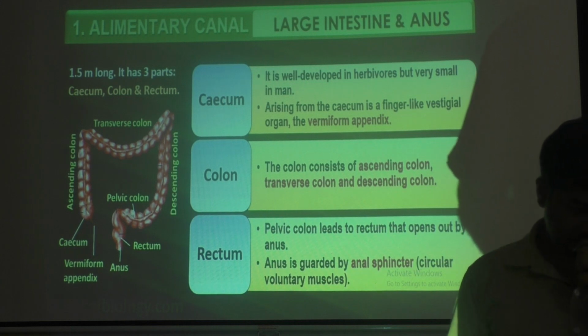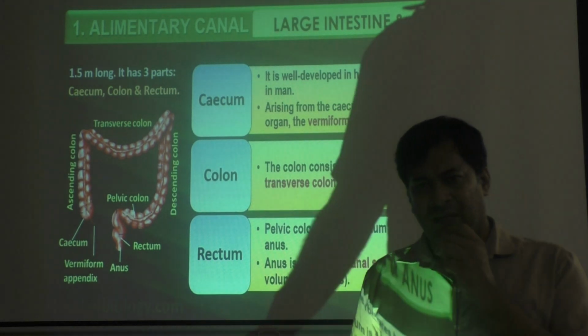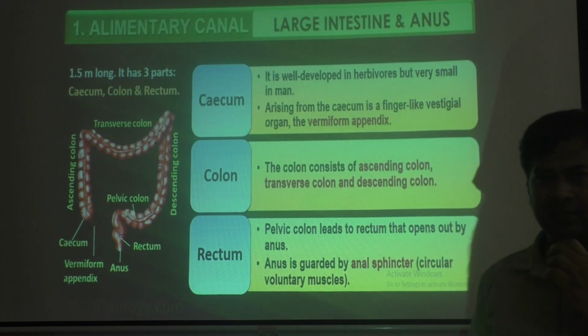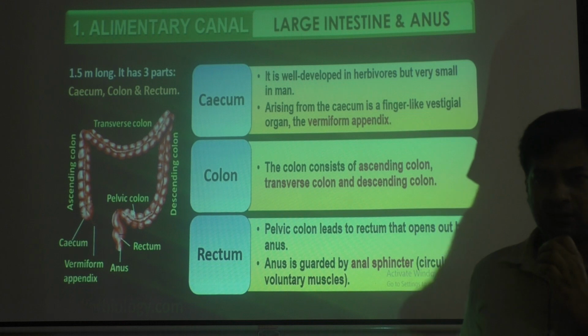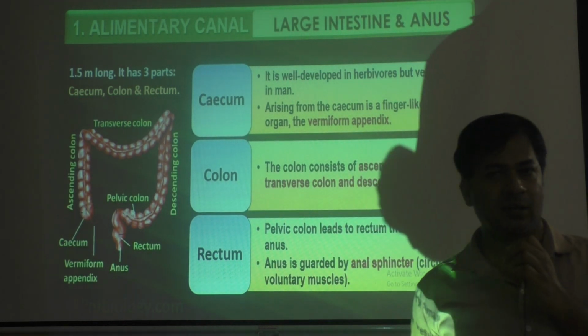That is called the anal sphincter muscle. It is a voluntary muscle, it is under our control. Release of excreta, giving pressure, release through the anus, we can control. It is under our control.